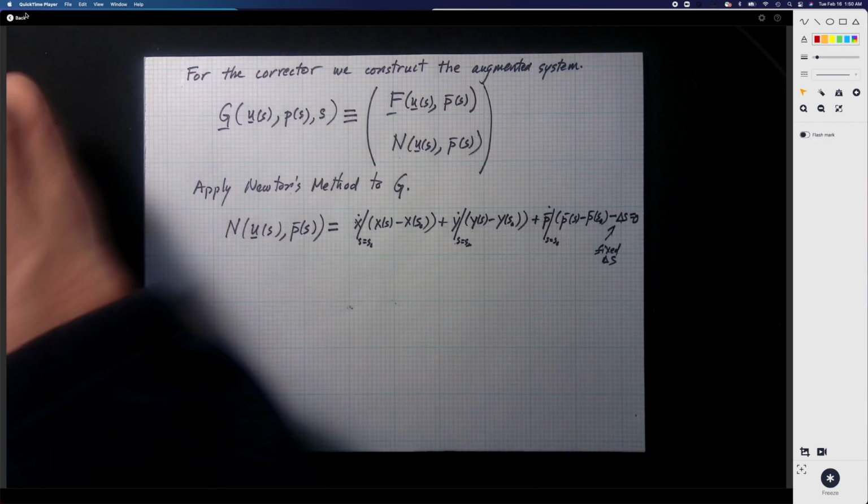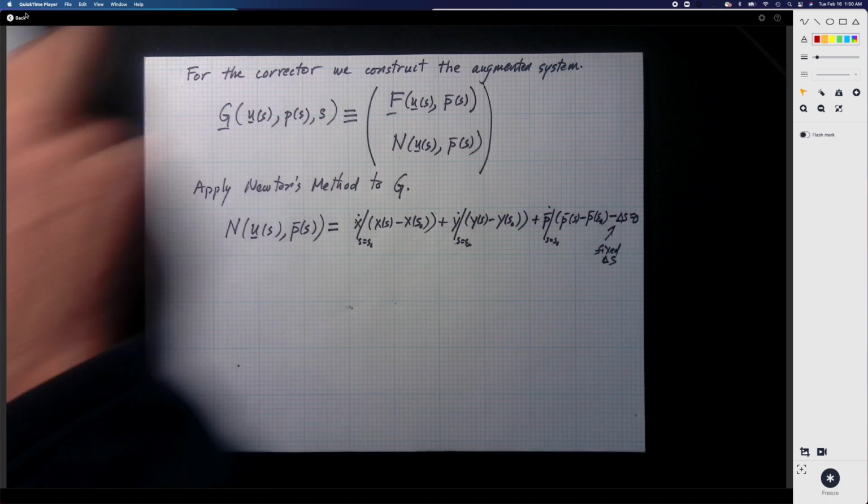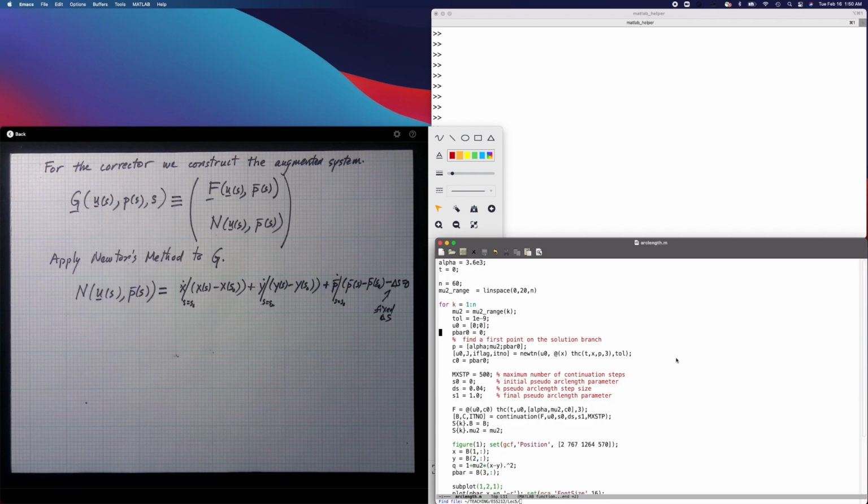So I want to show you how this works. Briefly, we can look at the MATLAB code. I've already written it, and we can just look at what it looks like. Alright, so the calling routine is called arc length, for arc length continuation. Let me comment out some things in the code before we run it.